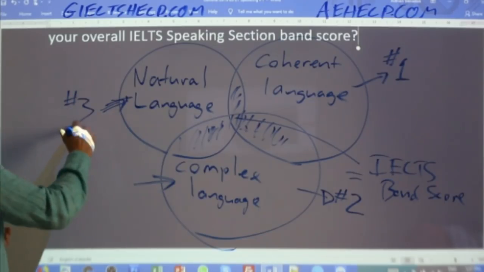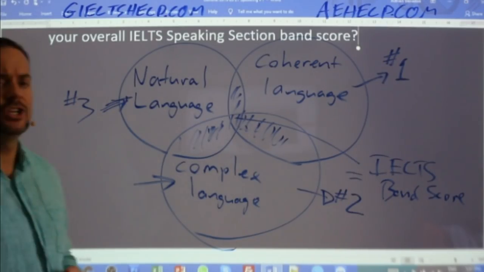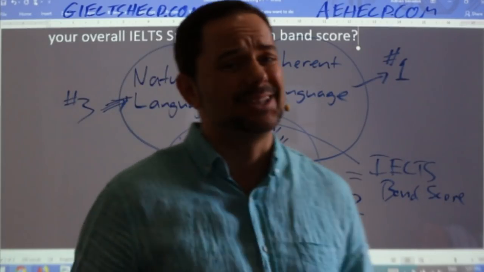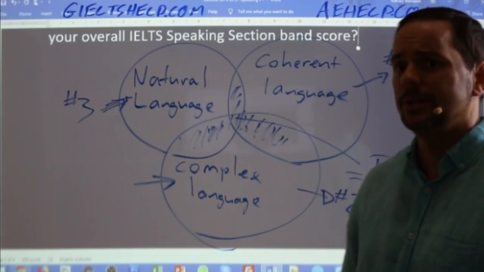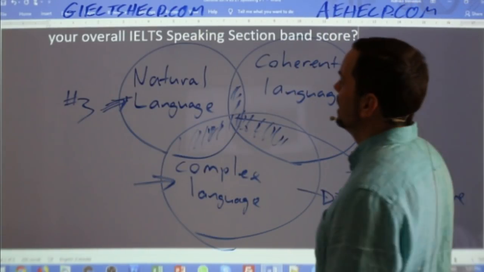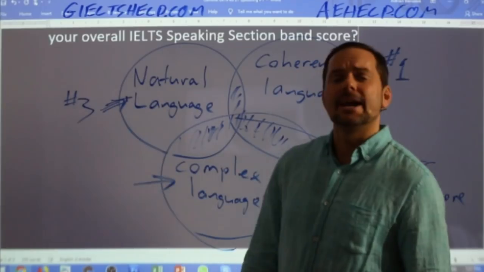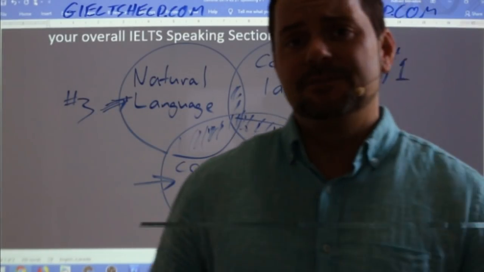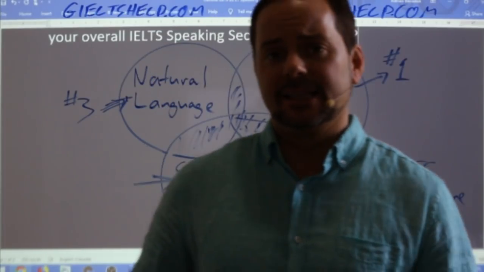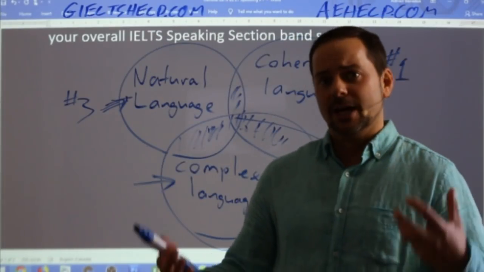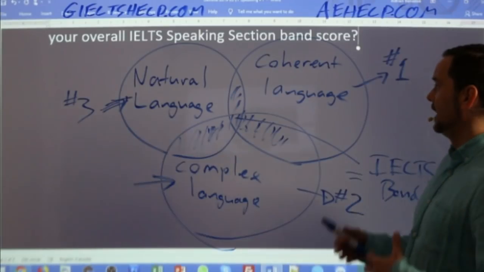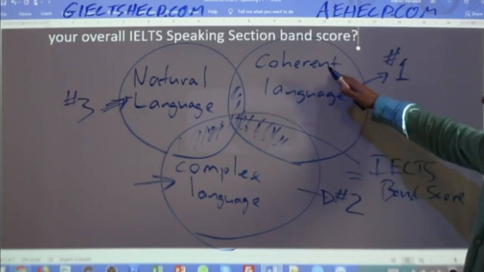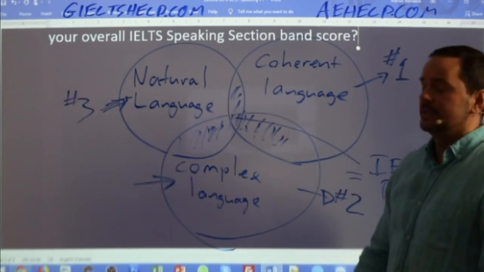Many students think that pronunciation is really important, or sounding like a native speaker is really important. No, it's not, okay? I don't really care if you have a thick accent, okay? Even if you have a very thick accent like this and it's really tricky to understand what you are saying, I don't care if I can understand you. If it is complex, it is okay.